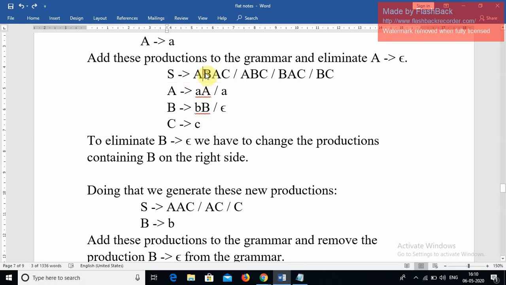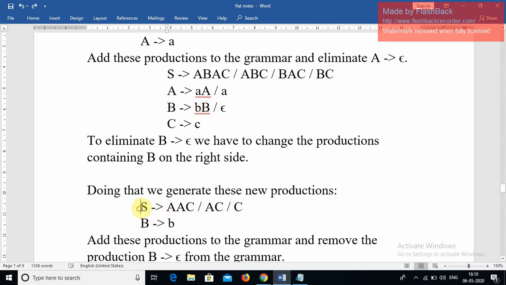So if you substitute epsilon here, we have AAC. Here if you substitute epsilon instead of B, we have AC, to AC. So we can concatenate it as one. And the next one, C. Okay, so this is the thing. And here B to BB we have, if you substitute epsilon instead of capital B, we have a B here.